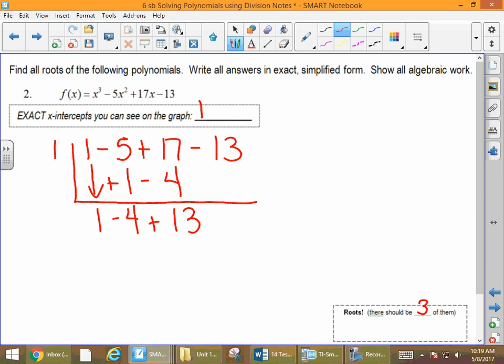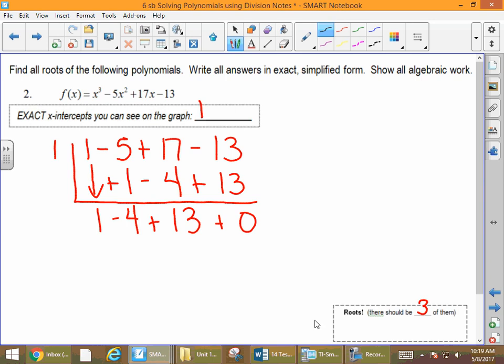And 1 times 13 is 13. It was positive 1 times positive 13. But luckily enough, we have negative 13 plus 13, which gives us 0. Again, when we get that 0 as our remainder, that means that 1 is a root. It is a 0. It is an x-intercept.